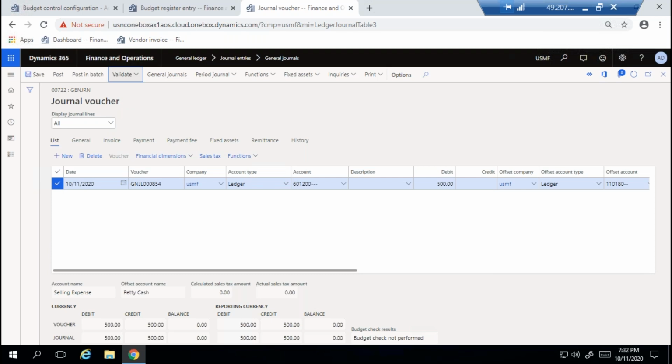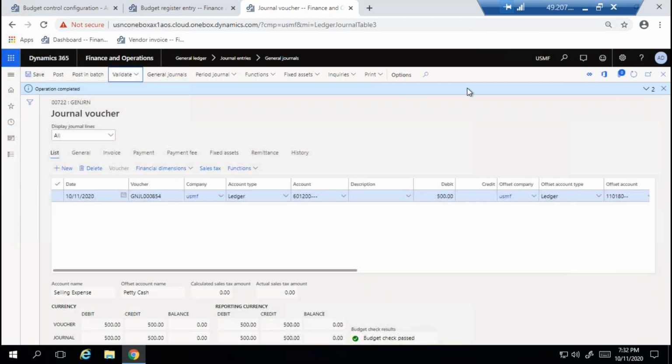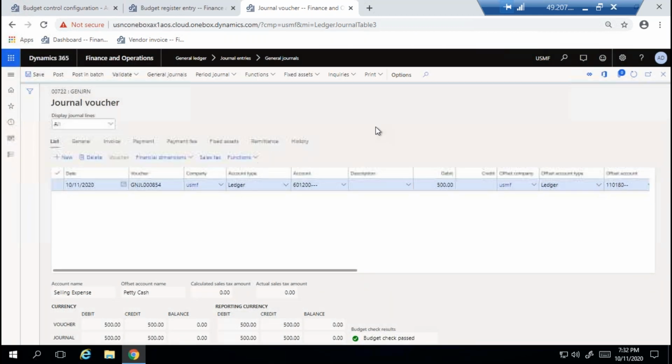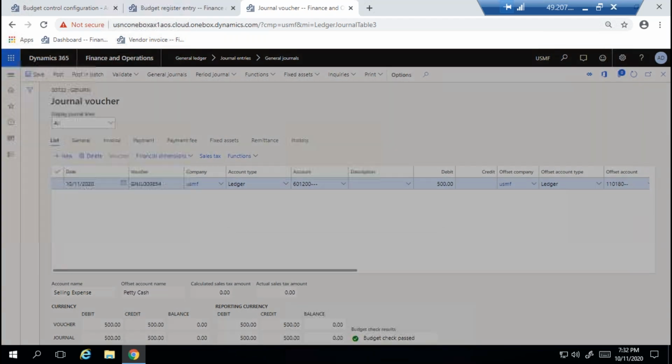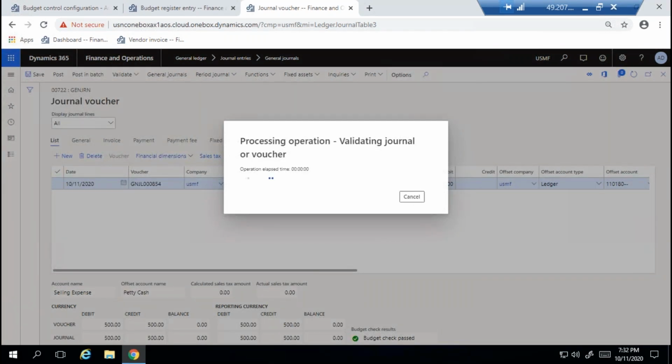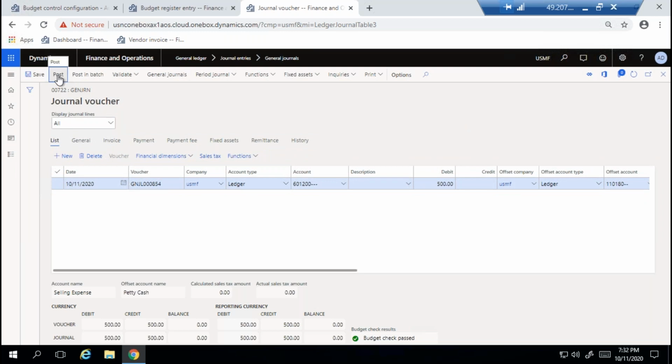Validate. It was allowing. Now I'm validating, like simulate posting; it is not actually posting. So validate. Everything is fine, there are no error messages. I'm posting now.